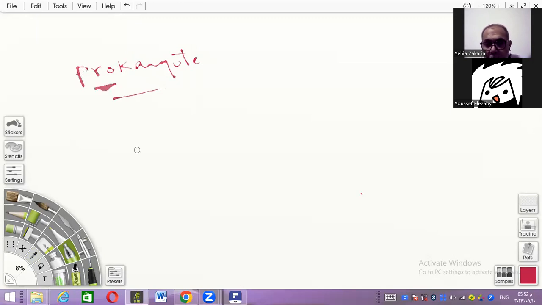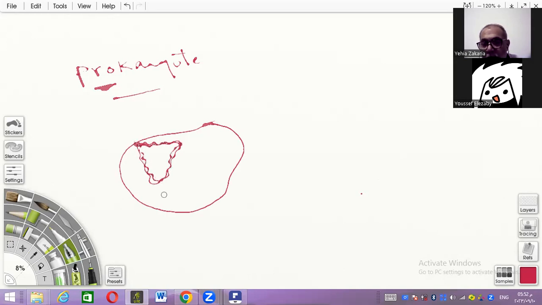This is a cell membrane, a cell envelope, no nucleus. The genetic material, which is the DNA, is small, rounded, and attached to the cell membrane.